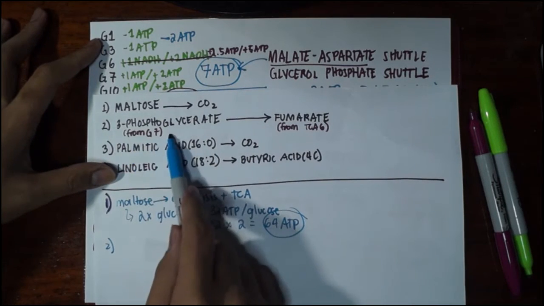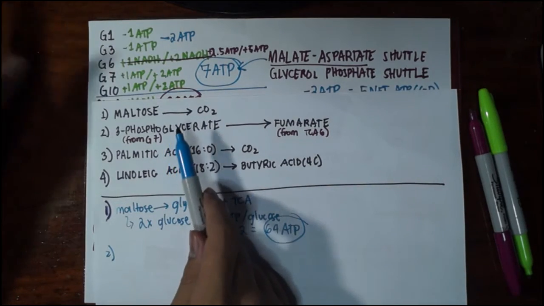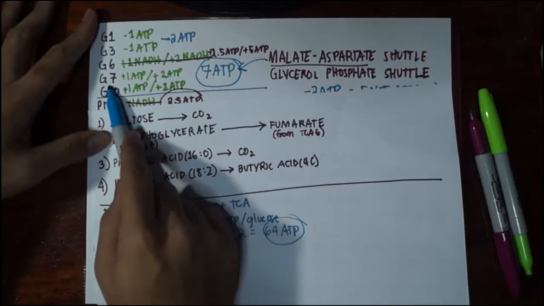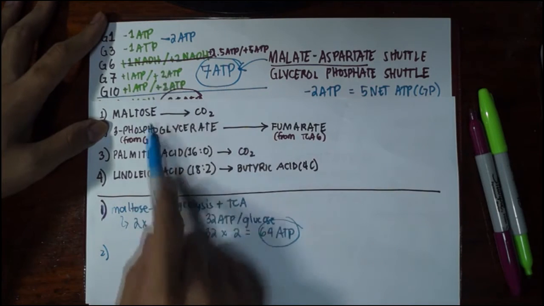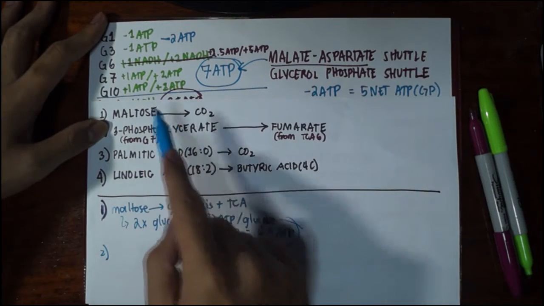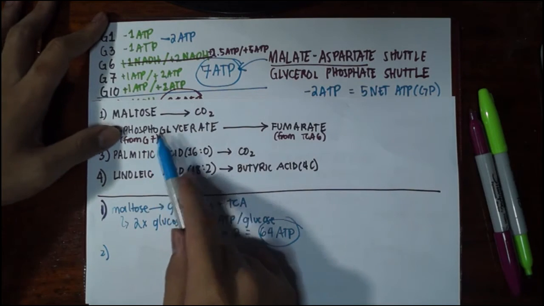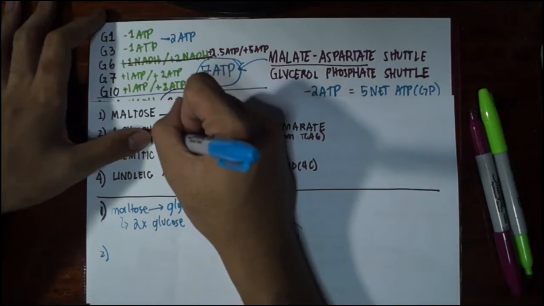And from G7, meaning you go from the step after G7 onwards until you reach TCA6. So if we have G7 and G7 produces ATP, do we involve that? No, because this is the product of glycolysis step 7.